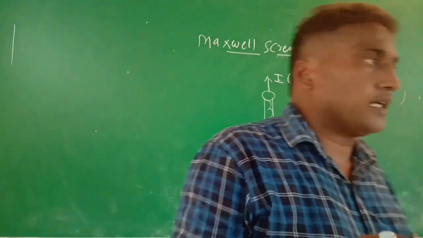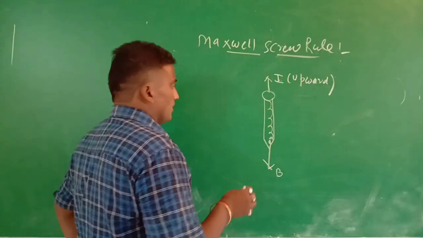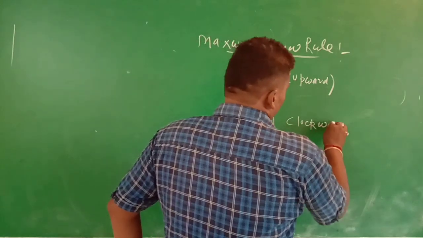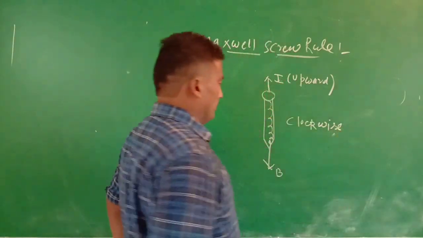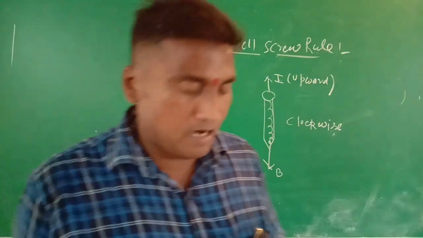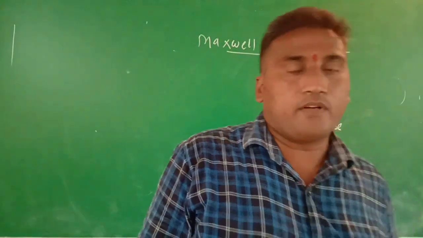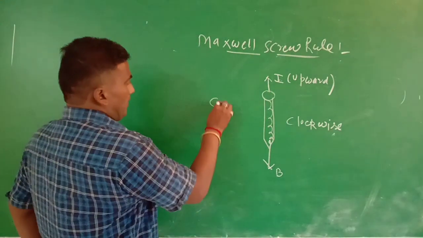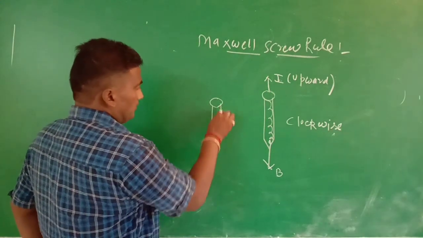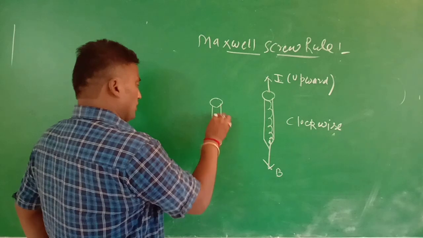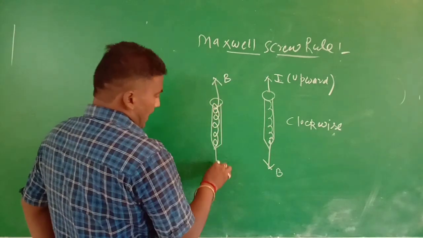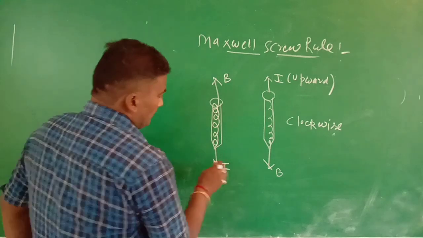The upward current is shown with the help of the clock. If any screw is closed in the clockwise direction, then the magnetic field is downward and the direction of current will be upward. If any screw is opened with the help of a screwdriver, then the direction of the magnetic field is going upward and the direction of the current is downward.